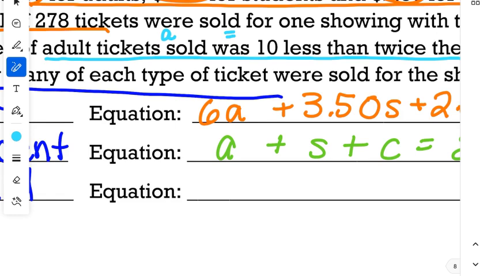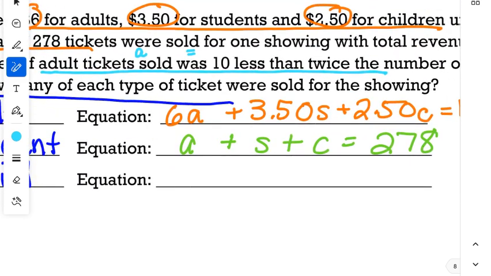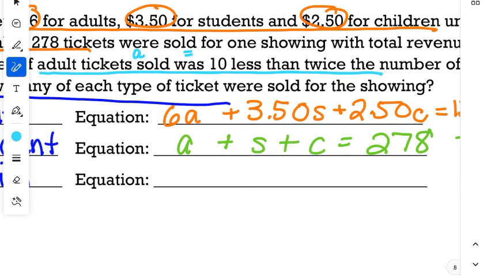So adults equals. It says 10 less than twice student. So how can I say 10 less than twice student? Negative 10. What needs to go in front of negative 10? 2 what? Times. 2S is twice the number of students minus 10. So that is our third equation.